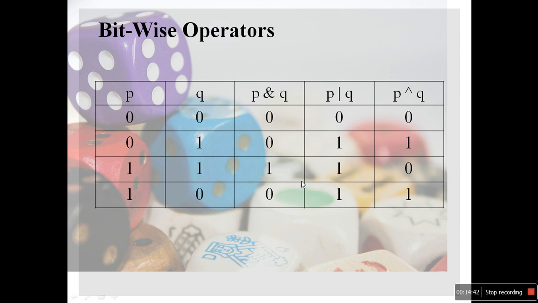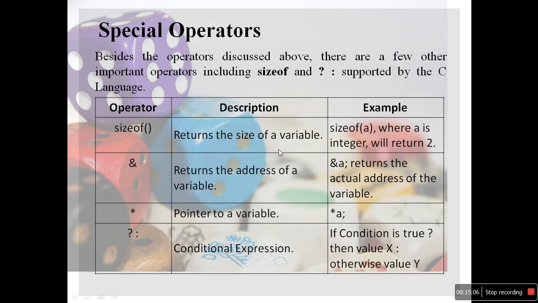If the bits are different, 0 and 1, my result will be 1. If both bits are the same, the result is 0. So what is the conclusion? If both bits are equal, then my result will be 0. If both bits are different, then my result will be 1. That is the condition of the bitwise operator.